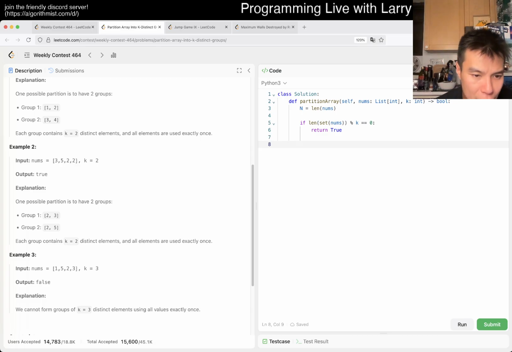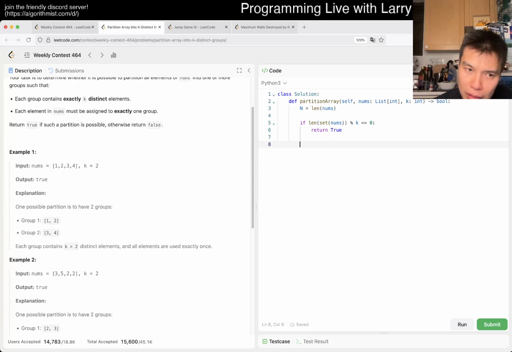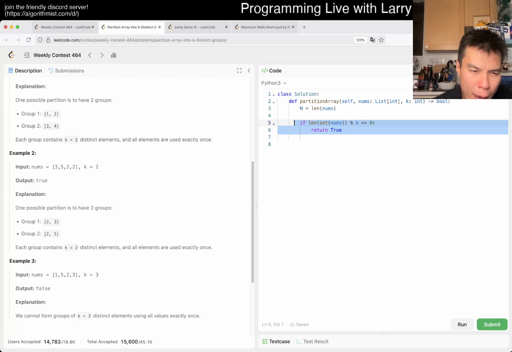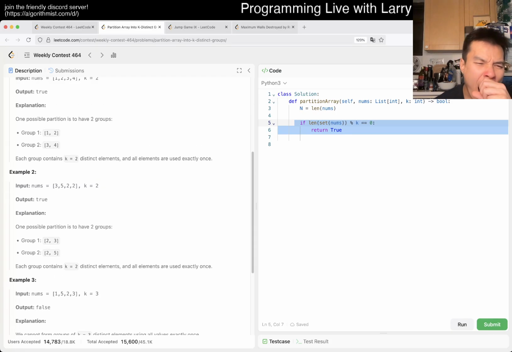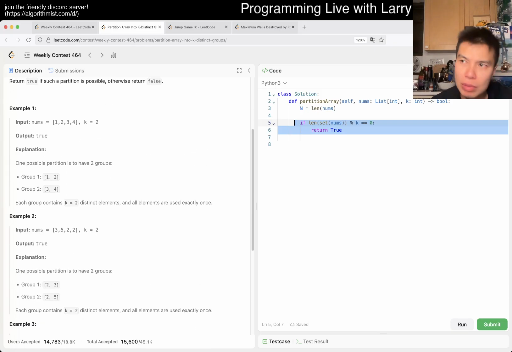Do I come back to this one? Okay, what is the answer if k is equal to 1? If k is equal to 1, then it is basically just this and that's it. What if the answer is 2?